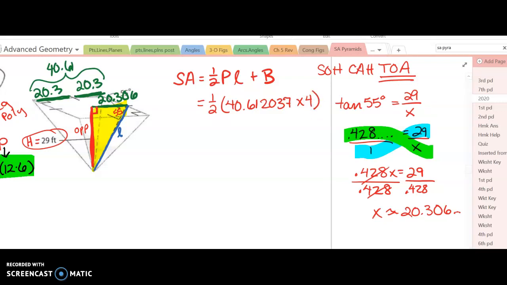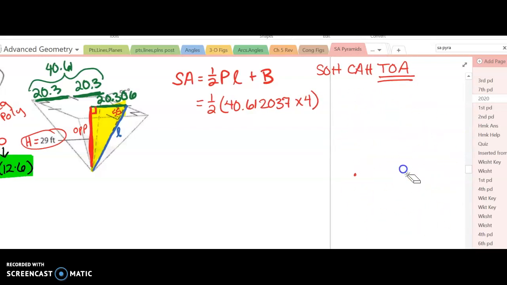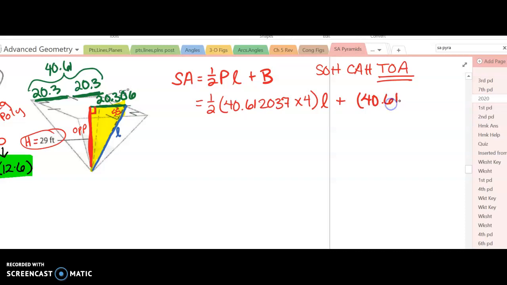And then this is still times the slant height plus the area of the base, except now we can find the area of the base because it's a square. So now I know that all the sides will be 40.612. So that times itself, right? Base times height. So I'm just going to call it that squared.